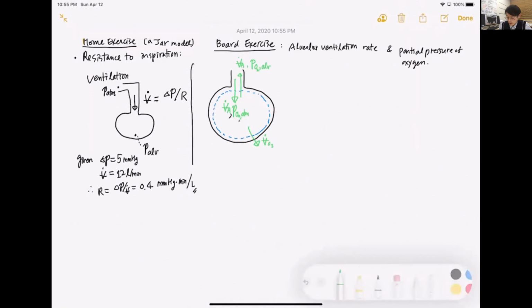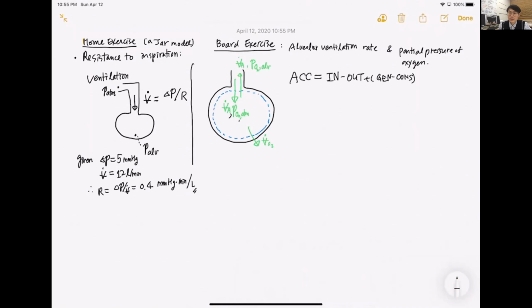Then let's get back to the original mass balance equation: the net accumulation over a period of time is influx minus outflux plus generation minus consumption.